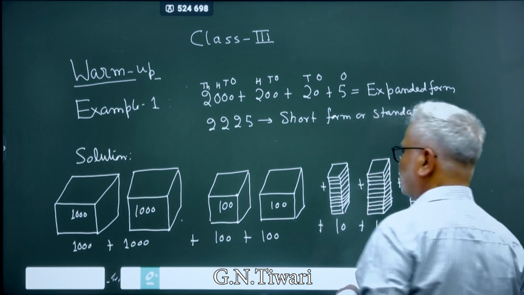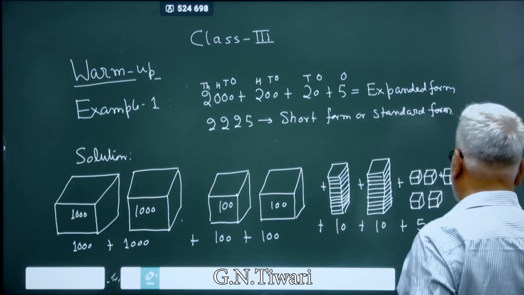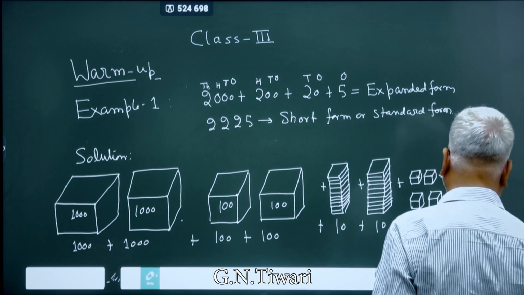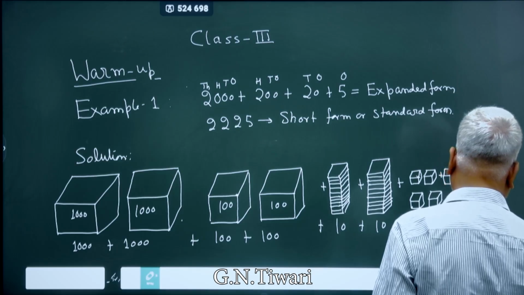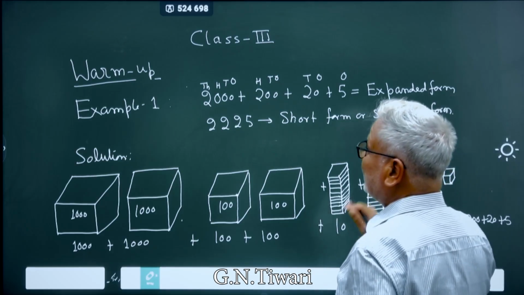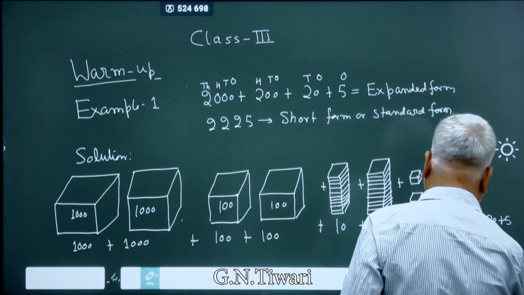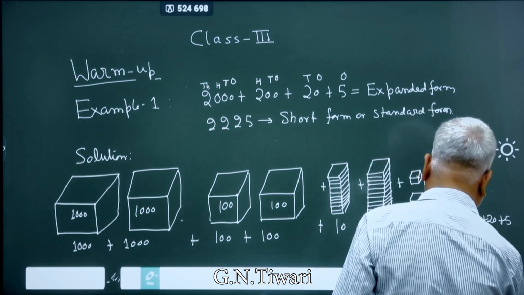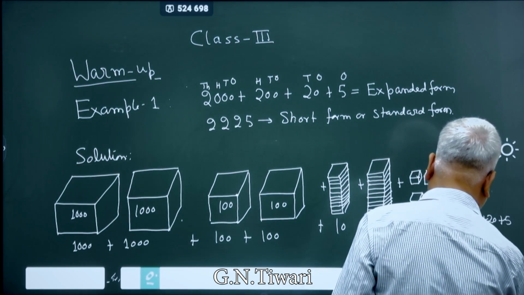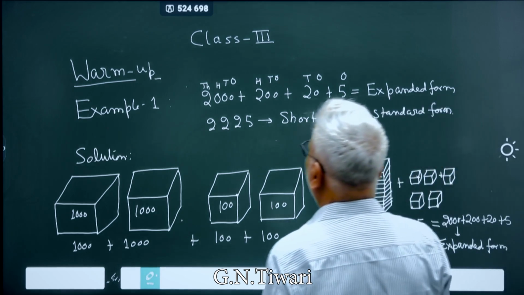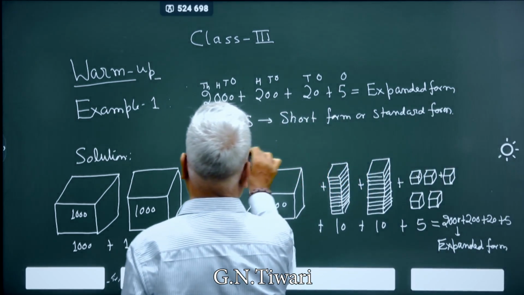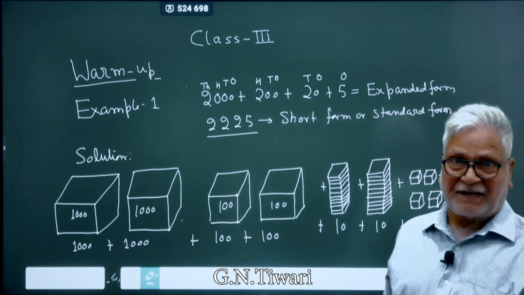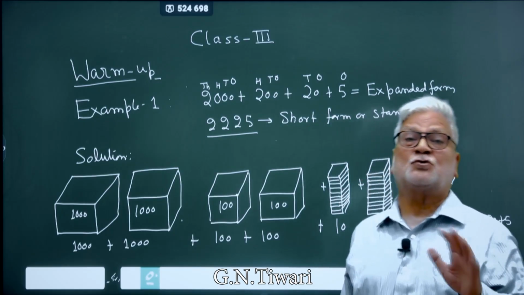Now you can add all these things. This is 2000 plus 200 plus 20 plus 5. It is an expanded form also. So now you can write this is the expanded form. And the short form, very simple, this is the short form. That is how addition can be done by using the pictogram or pictorial view.